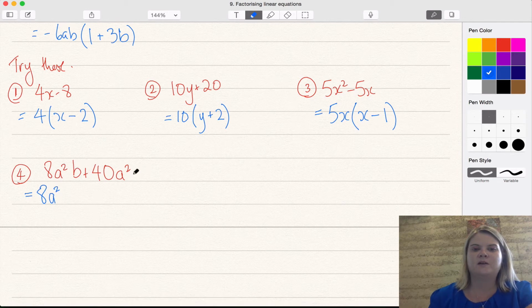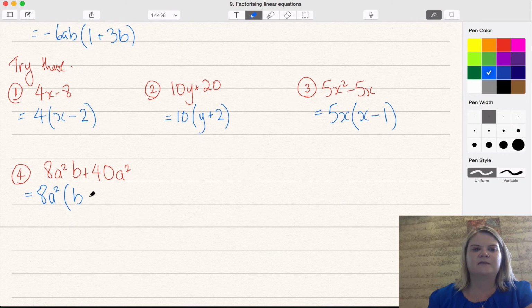B term here, no b's here. So we can't take the b out as a common factor. It's not common to both of these terms. 8a squared times what makes 8a squared b? We just need to times it by b.